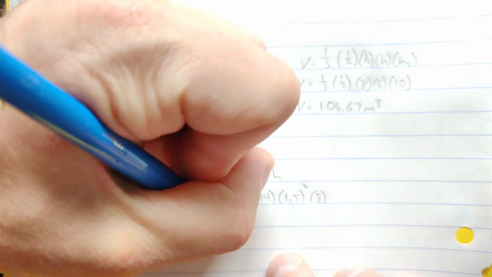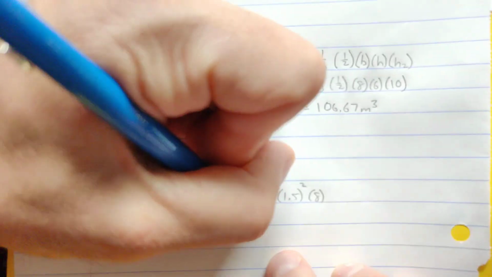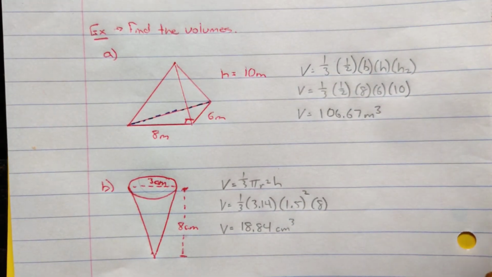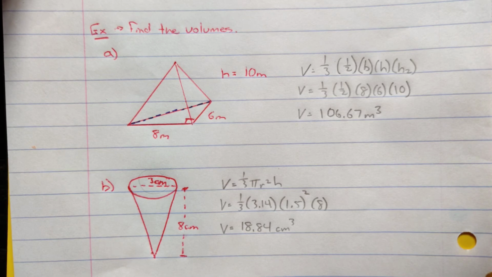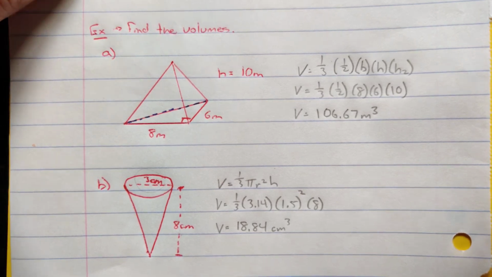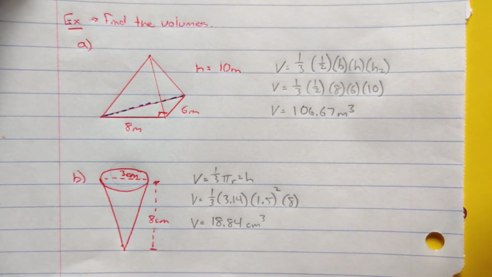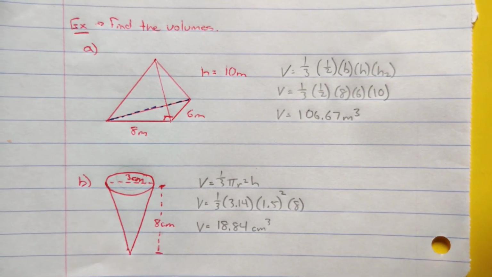You should get a volume of 18.84 centimeters cubed. So again, depending on the type of calculator you have, you may have to do this in multiple steps, as you might not have a squared button on that as well. So that is the volume of pyramids and cones.